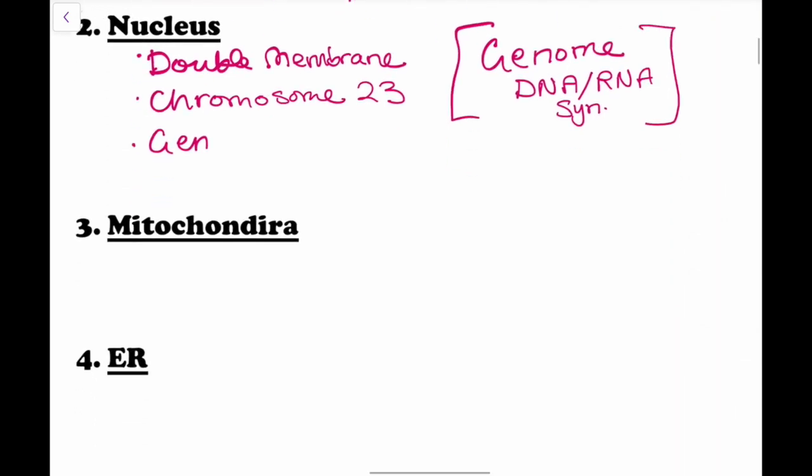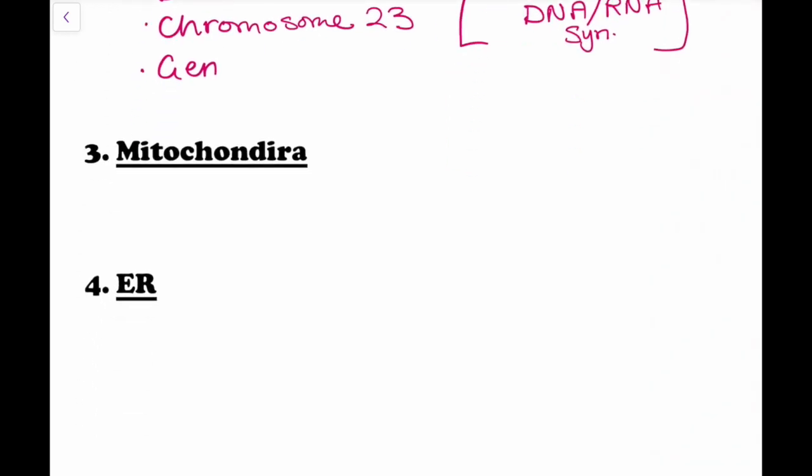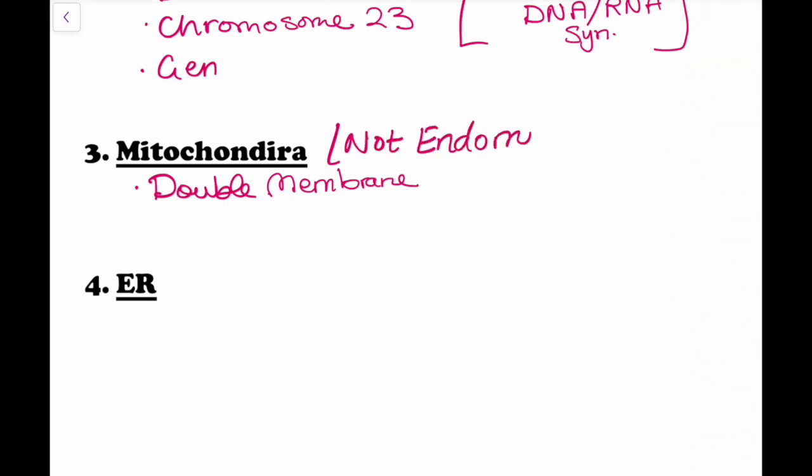Next, we will go into the mitochondria, and mitochondria is, like the nucleus, also a double membrane. And people say that this organelle is not an endomembrane organelle. Basically, it came from bacteria, something along those lines. So just know it's not an endomembrane, whereas all the other organelles are endomembrane.